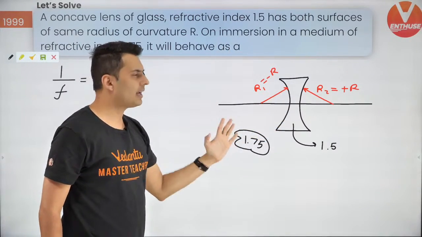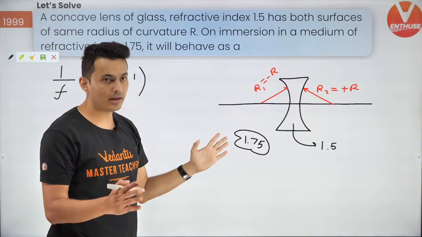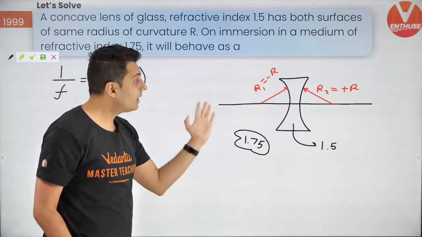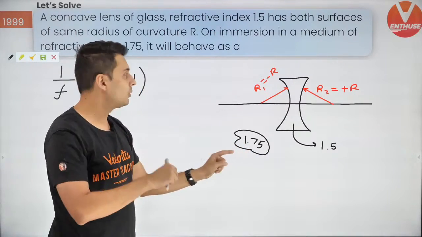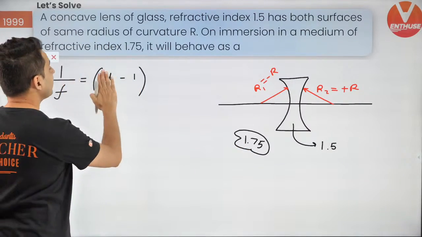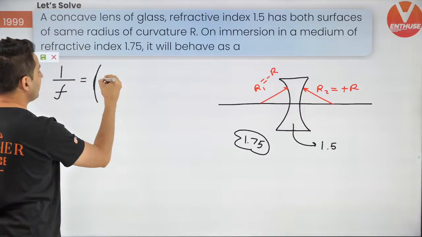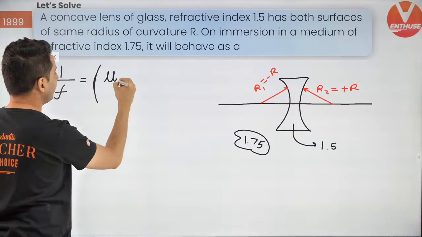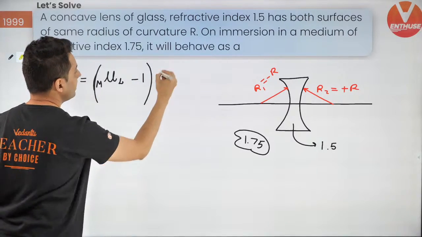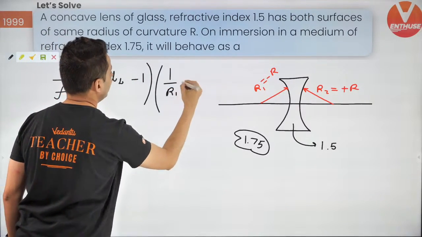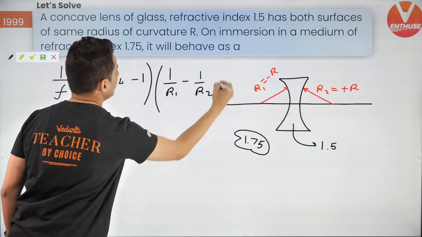Now outside there is air, and air and vacuum are almost similar, so it is fine. But when you place it in some dense medium like this, then you need to be careful. This mu has to be relative mu. So what I'm going to put over here is refractive index of the lens with respect to the medium minus 1, and you will have 1 by R1 minus 1 by R2.